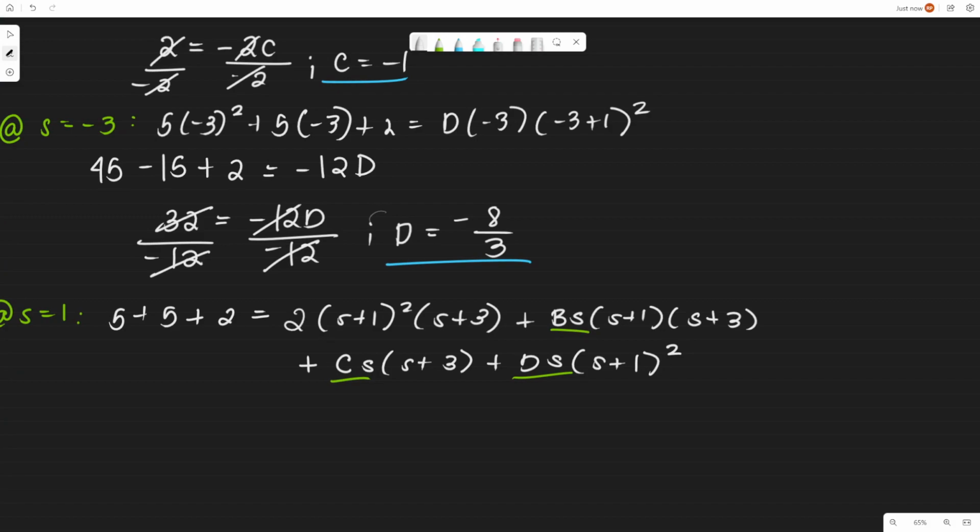So kay B naman, wala pa tayo nako-compute na B pala. Yun pala yung kukompute natin na huli. No, kay B. Then we have for C, that is negative 1. So we have negative. So minus. Then we have for D, that's negative 8 over 3.